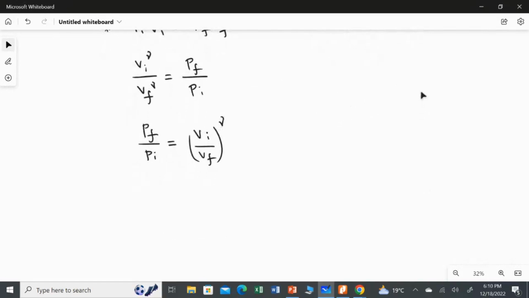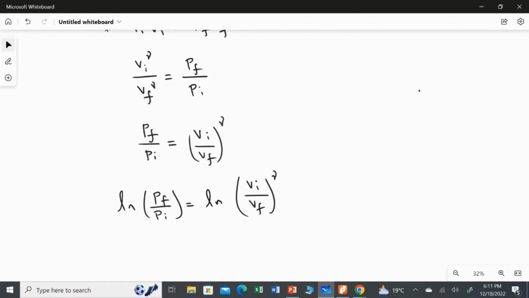Now I am going to apply the natural log on both sides. The expression becomes ln of Pf over Pi equals ln of (Vi over Vf) to the power gamma.